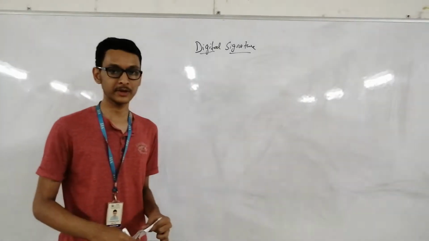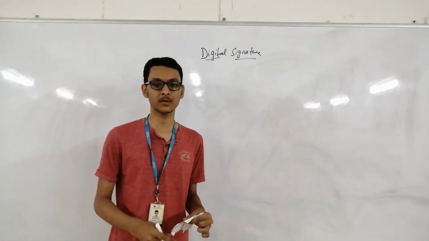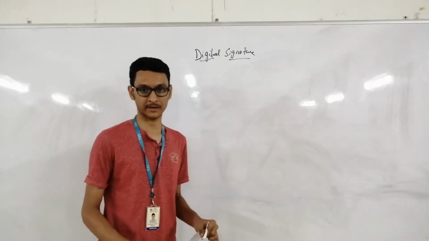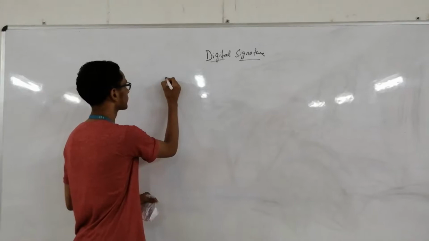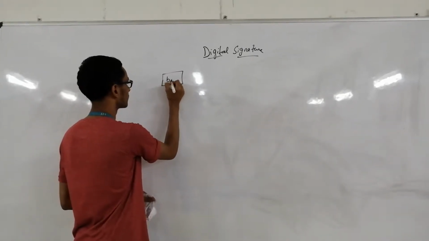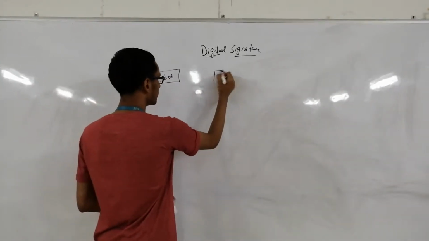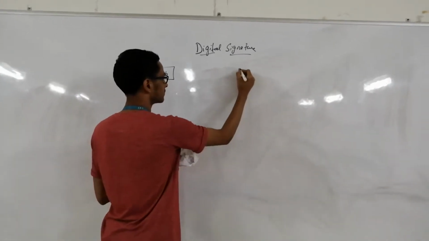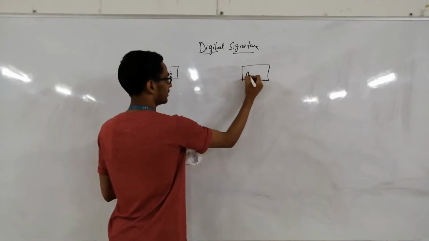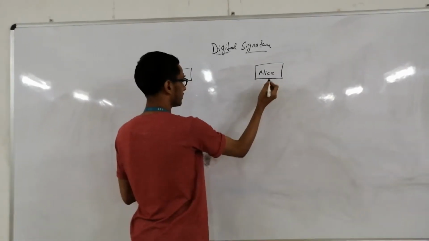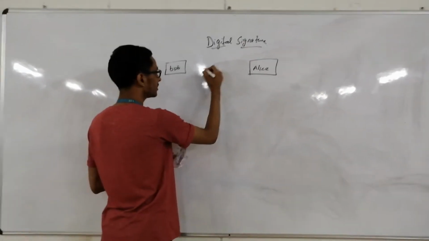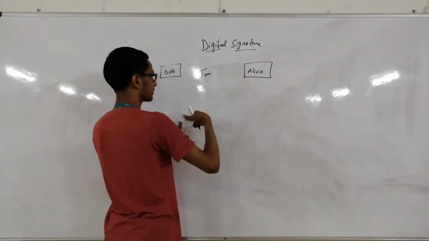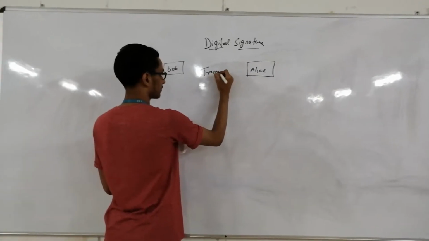Okay, now let me explain the general model of the digital signature process, or simply its mechanism. Consider Bob as a sender and Alice as the receiver, and consider a transmission medium in between them.